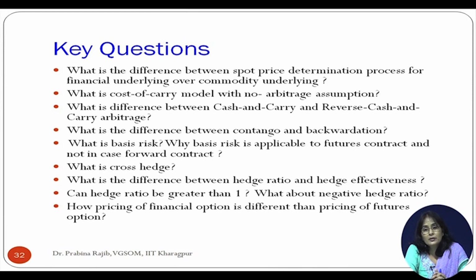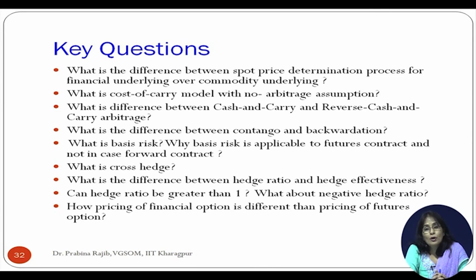We also spent some time understanding what a cross hedge is, and in the last couple of sessions we discussed what a hedge ratio is, what a naive or 1-to-1 hedge ratio is, what the minimum variance hedge ratio is, and what hedge effectiveness measured by the coefficient of determination is.